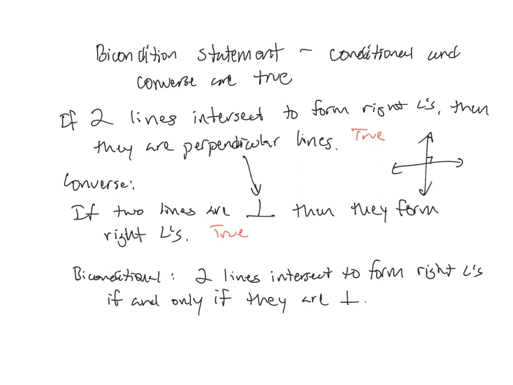But we have this if and only if. So if you see that, that means you can start with 2 lines that form right angles and your conclusion can be they are perpendicular, or you can start with perpendicular lines and your conclusion can be then they form right angles. You can go both directions and they're true. Okay, that doesn't always happen.